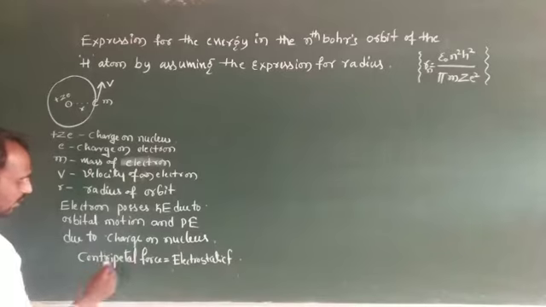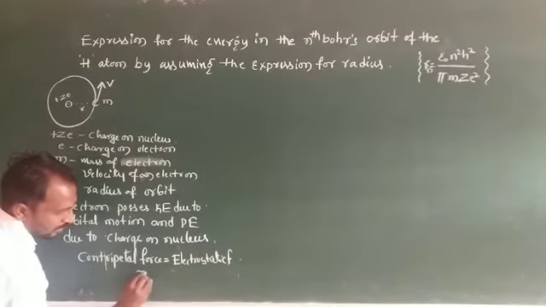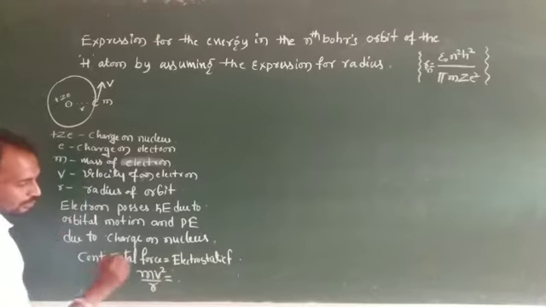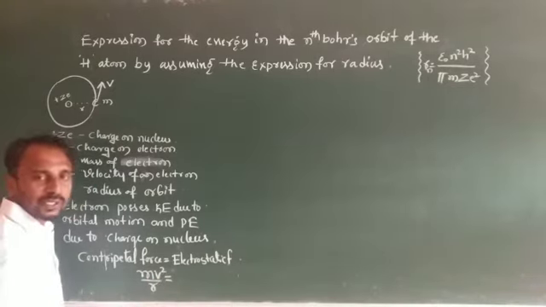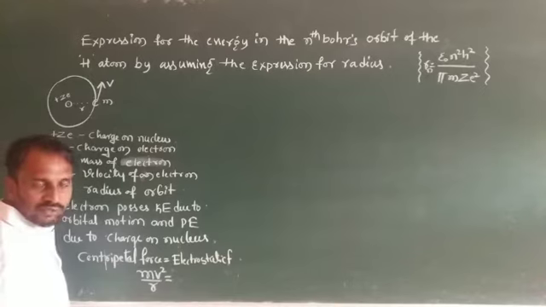So the centripetal force, m v square divided by r, is equal to the electrostatic force, the Coulomb force: 1 by 4 pi epsilon naught q1 q2 divided by r square.